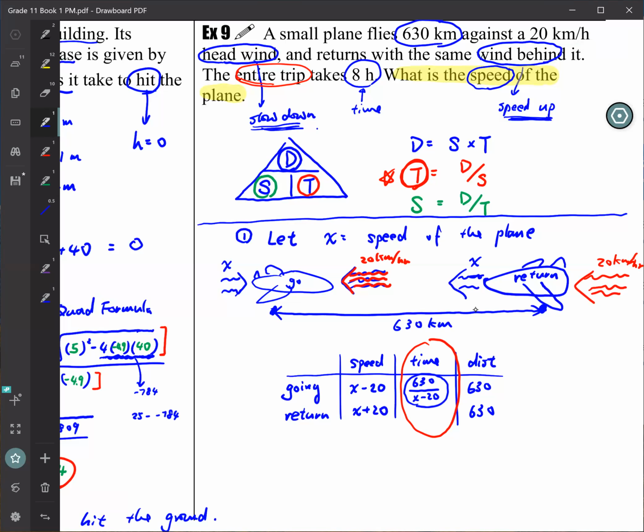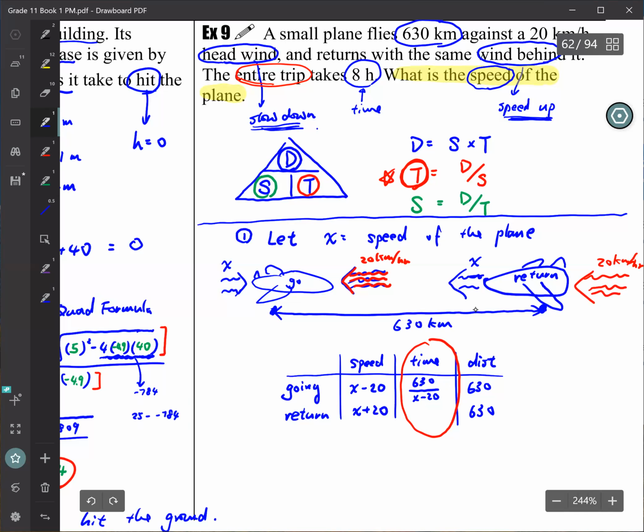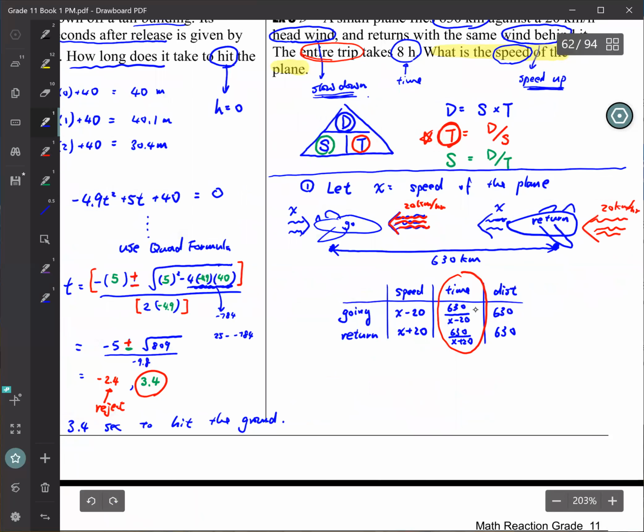Okay, so now my question is, what about for returning? What's the time? 630 divided by x plus 20. Yeah, very good. So now we have the time for going and the time for returning, and it tells us together the entire trip is 8 hours. So together we add them up.